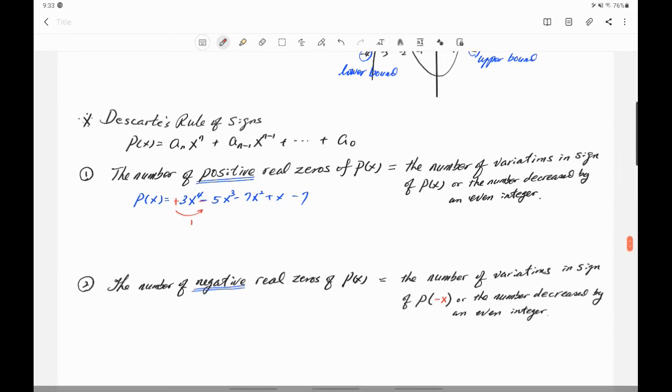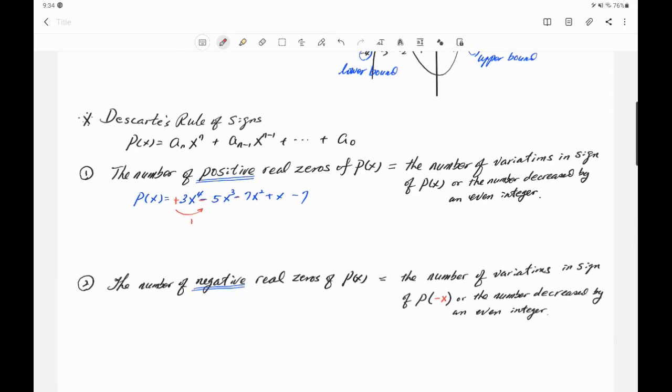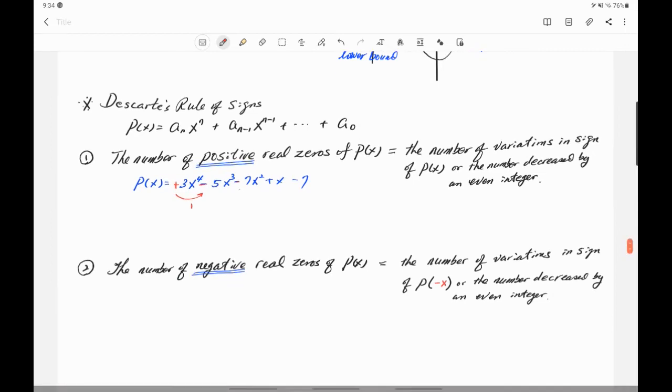Then negative to negative, the same sign, so no change. But from here to here there is a sign change, and plus to minus is also a sign change. So there were 3 variations in sign.